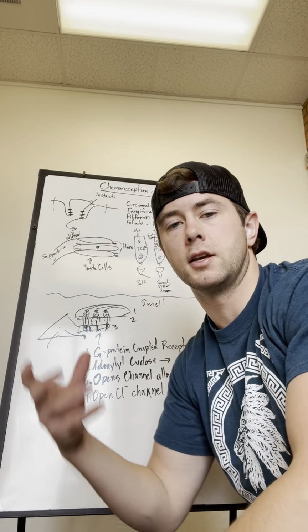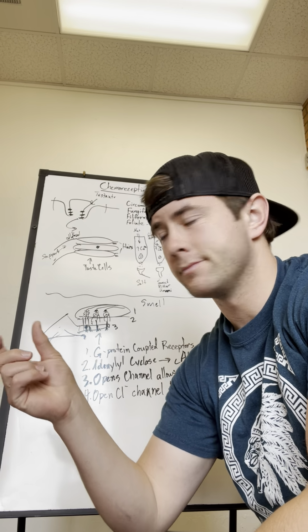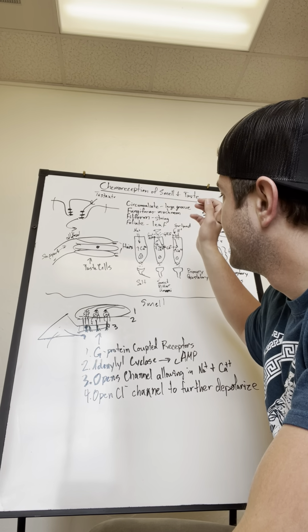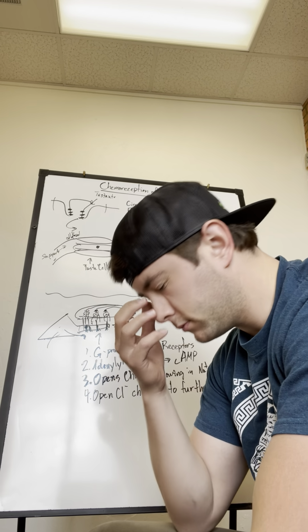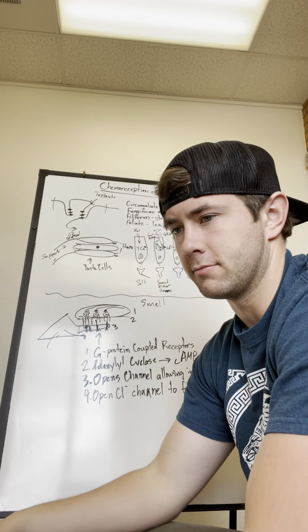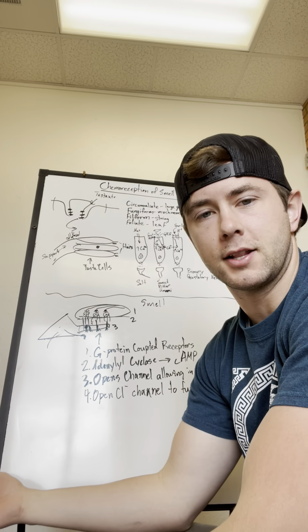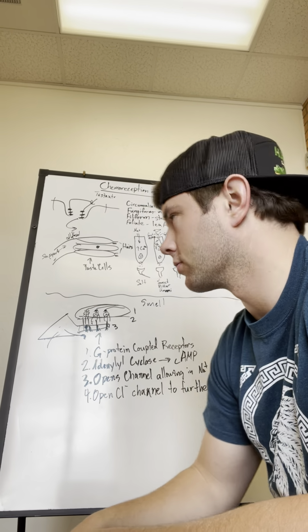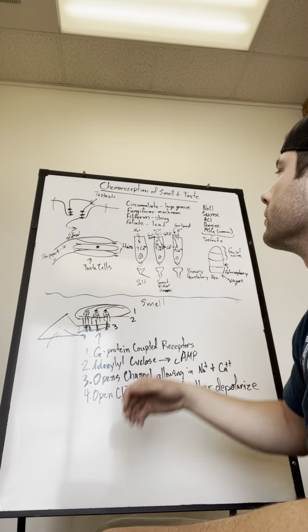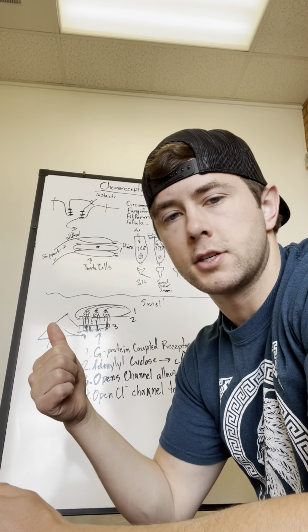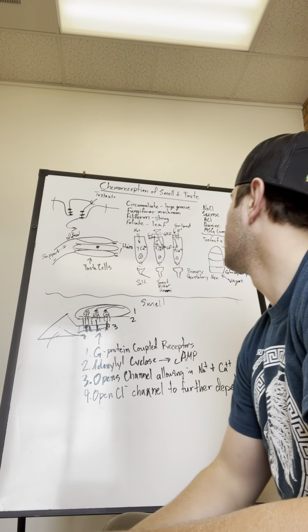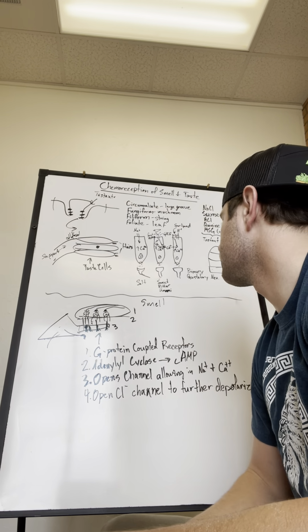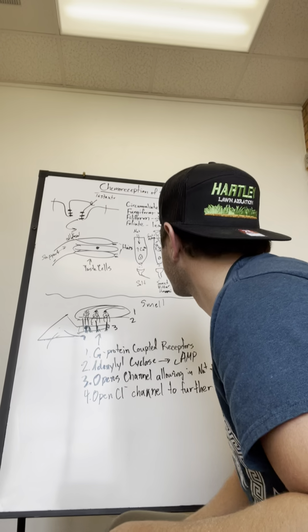If you increase intracellular calcium concentrations, then you're going to release acetylcholine into the synaptic cleft, and you're going to start an action potential. And that happens with all of them. In general, if you increase intracellular calcium, you synapse, create an action potential and send it to the brain.